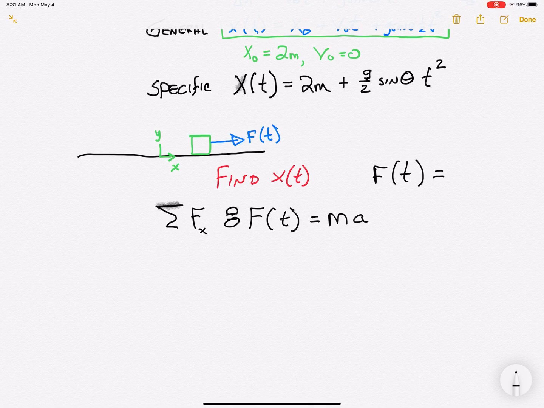How about 6 newtons over second squared t squared? Okay, so I wind up substituting that in, 6 t squared equals mass times the acceleration, dv dt.